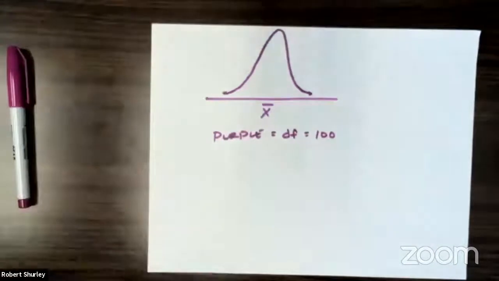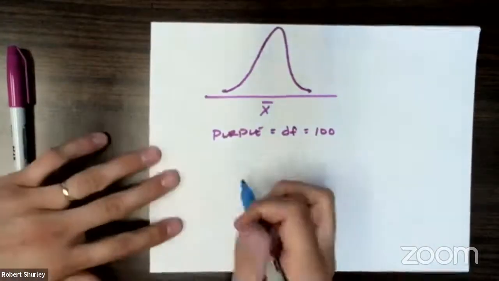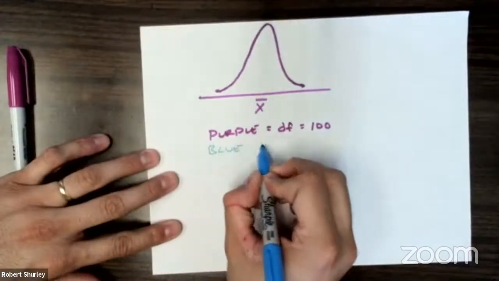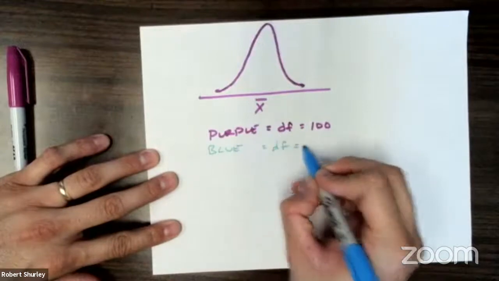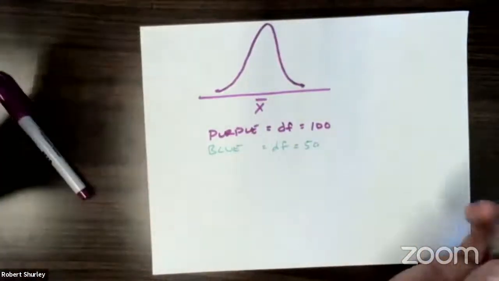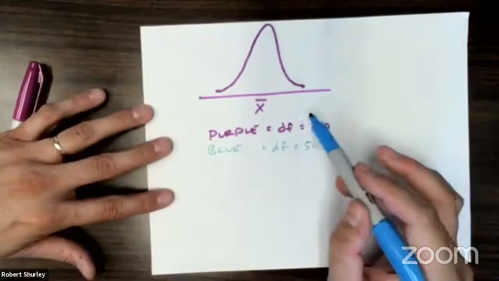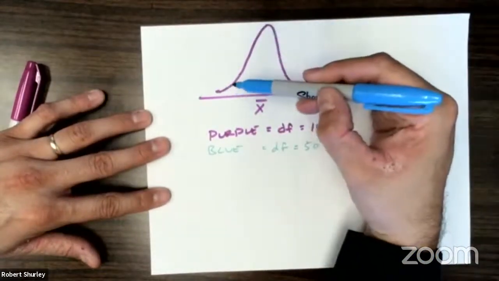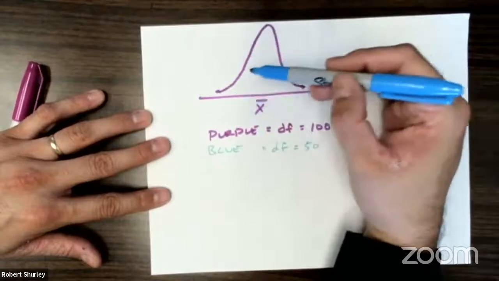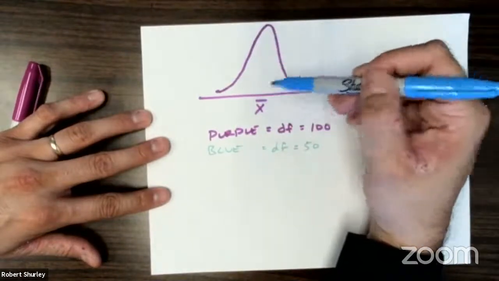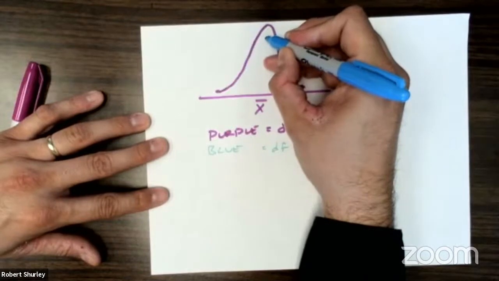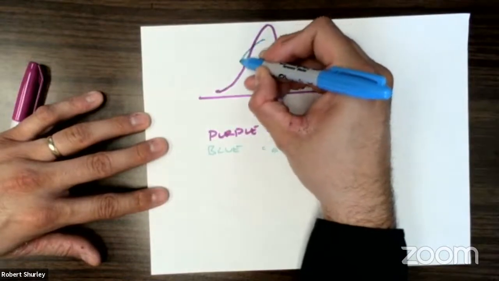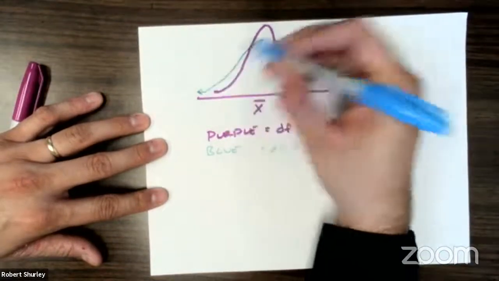Now, let's use blue here. If I had a smaller degree of freedom for blue, let's say like 50. Now, this isn't perfect, it's just a visual. What that means is that I'm not going to have as much data centered around the X bar, the mean. So it's going to create a wider distribution.